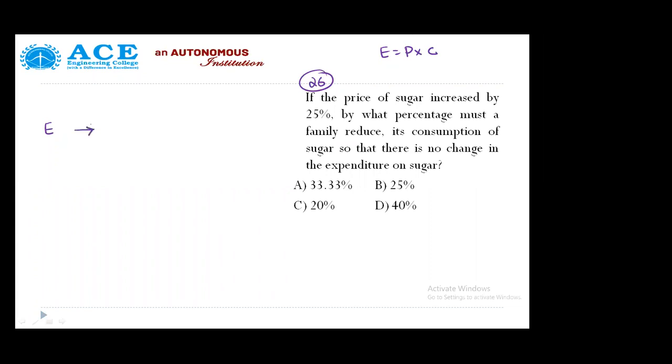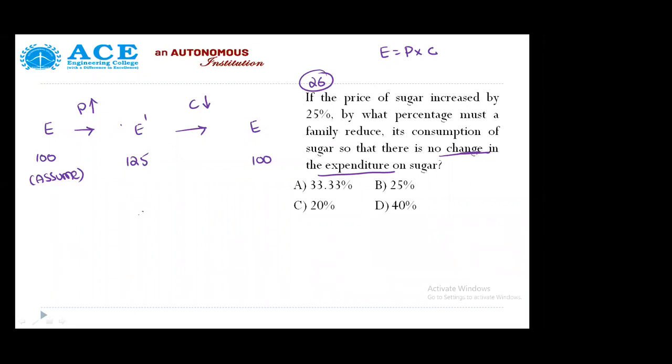When price is increased by 25%, expenditure also increases by 25%. Suppose expenditure is initially 100. Now expenditure becomes 125. Now if you want the same expenditure, because they mentioned no change in expenditure, this can be done by consumption. If consumption decreases, expenditure will decrease.